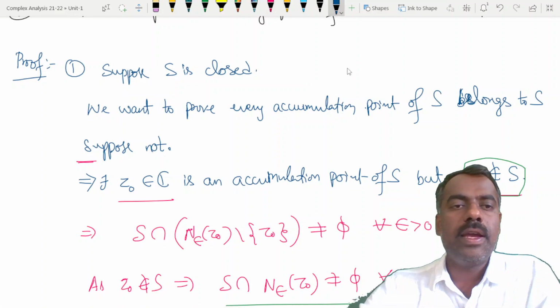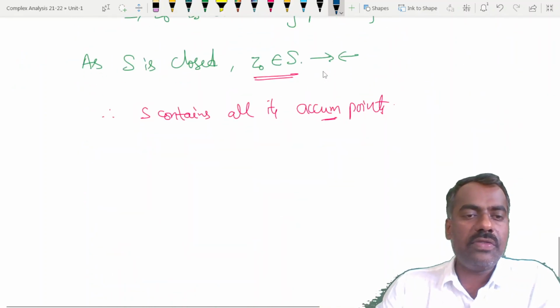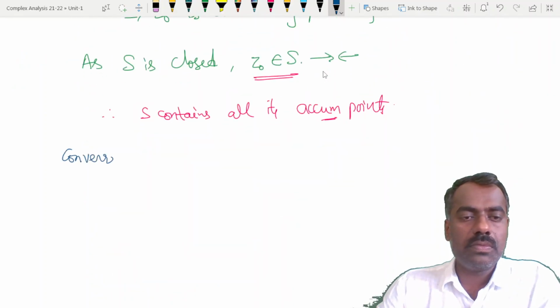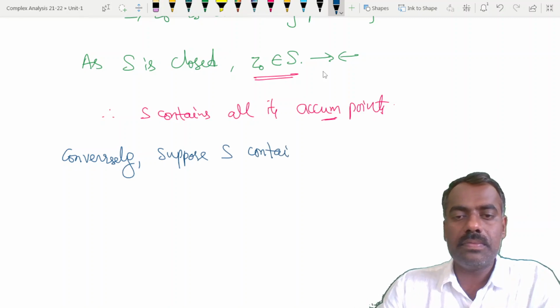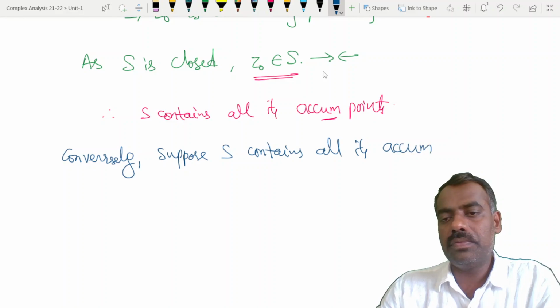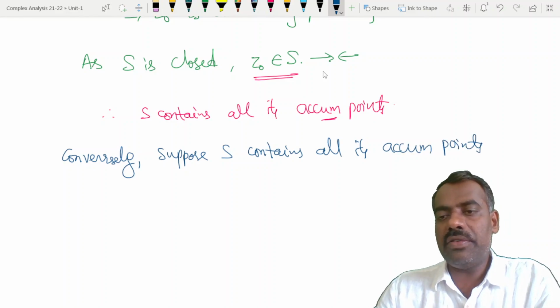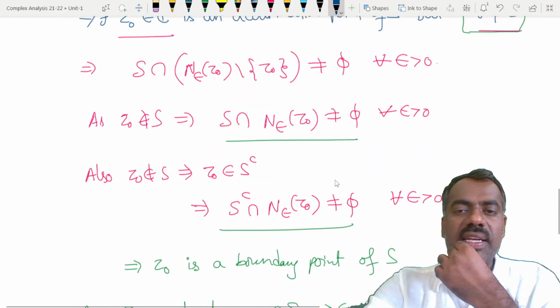Now take the other way. That means conversely, suppose S contains all its accumulation points. Then what do we want to show? We want to show that S is a closed set.